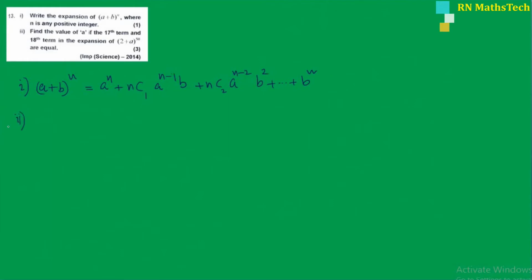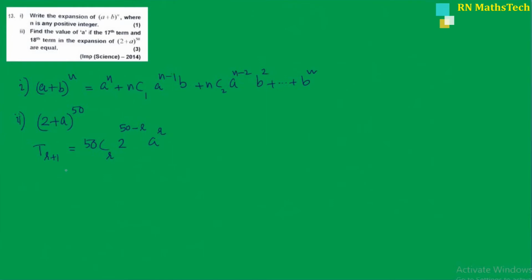Now the second part: find the value of a if the 17th term and 18th term in the expansion of 2 plus a the whole raised to 50 are equal. The (r plus 1)th term is 50cr 2 raised to 50 minus r into a raised to r.